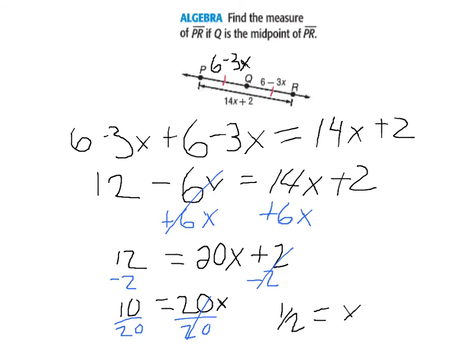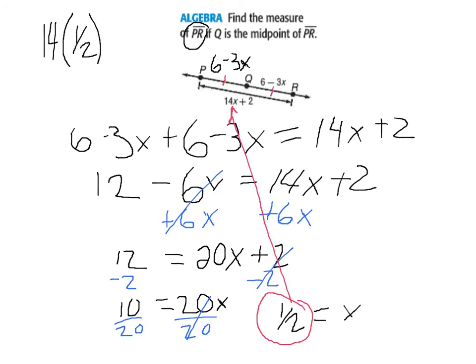Alright, the question does not ask me to find x. I have to find PR. So what I do is I take this 1/2 or 0.5 and I plug it into the x in my expression for PR. So 14 times 1/2 plus 2.